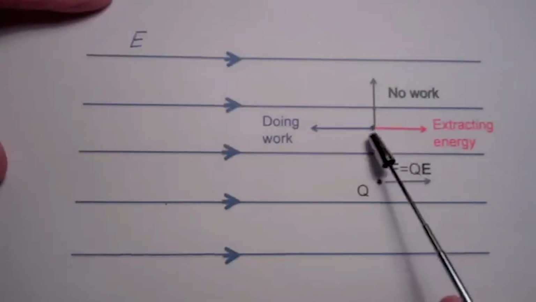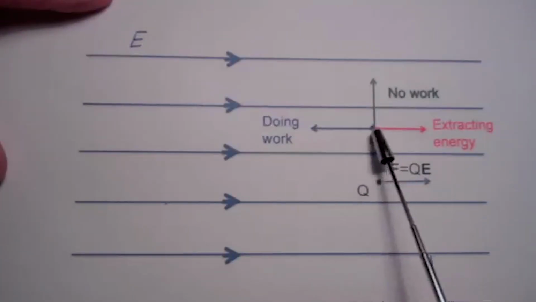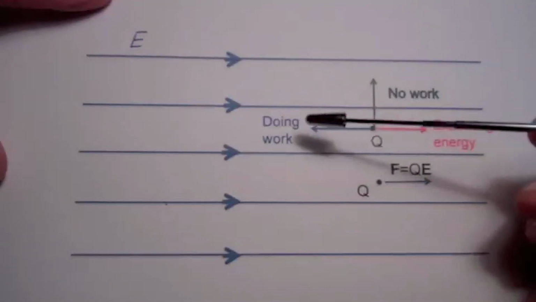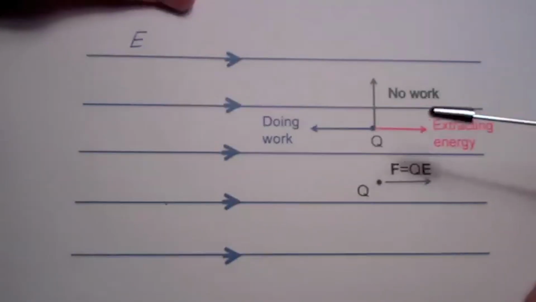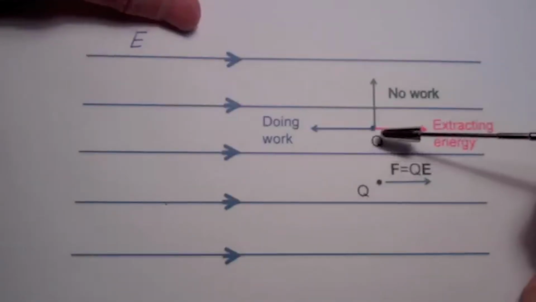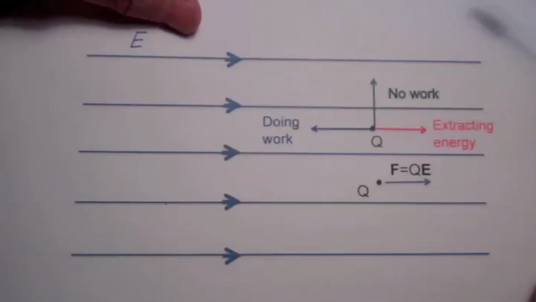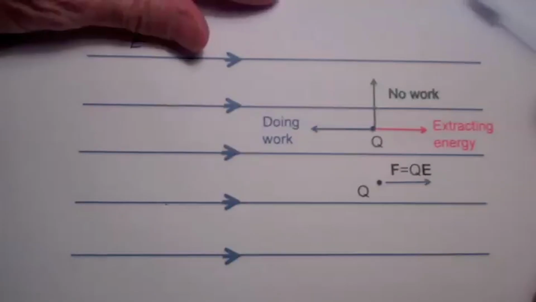Now if we take this charge and move it as indicated by this displacement vector here, it takes a force to do that. We have to overcome the force due to the electric field. And so we are doing work, and so the potential energy of that charge is increasing as we move it to the left. This would be like moving uphill and increasing gravitational potential energy.